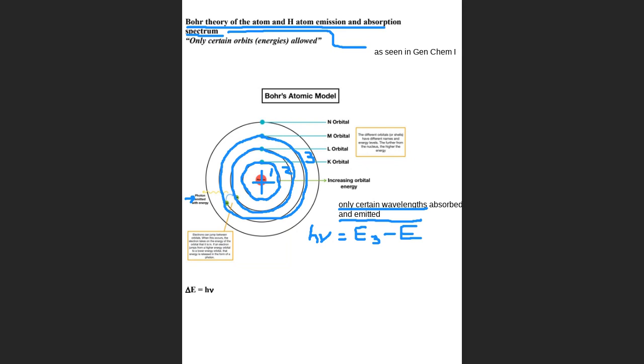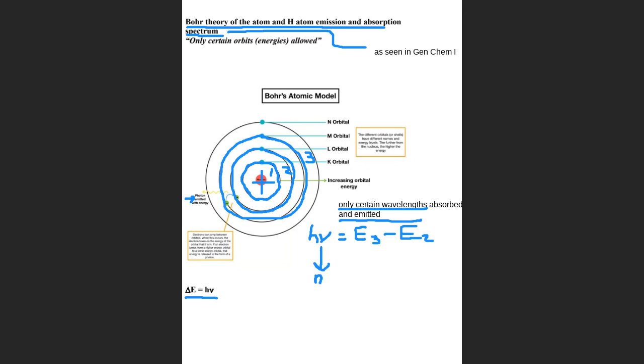One of the big ideas of this course in quantum mechanics for chemists is that the energy of whatever photon you may be interested in is equal to the energy difference of 2 states. I summarize that here. This is delta E equals h nu. Remember, this is nu.